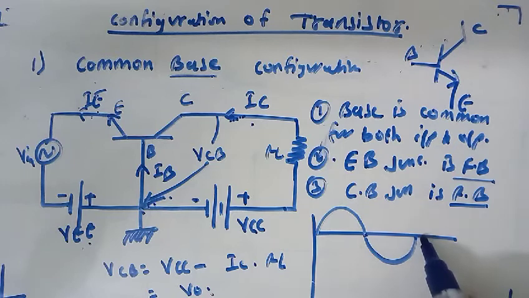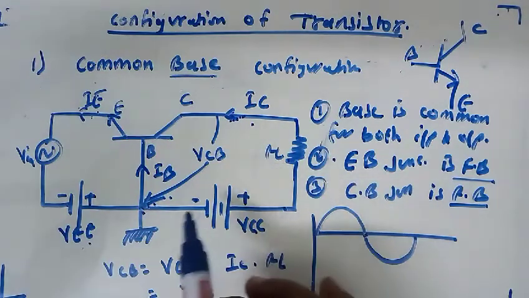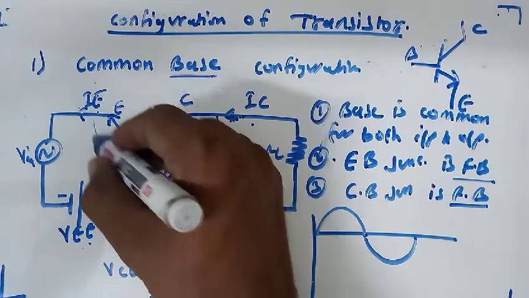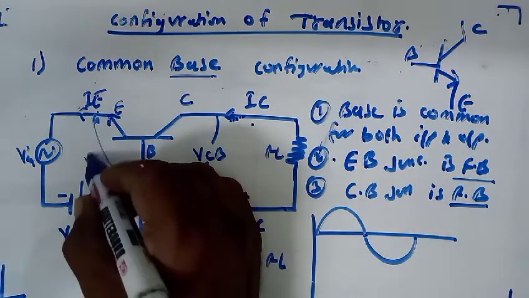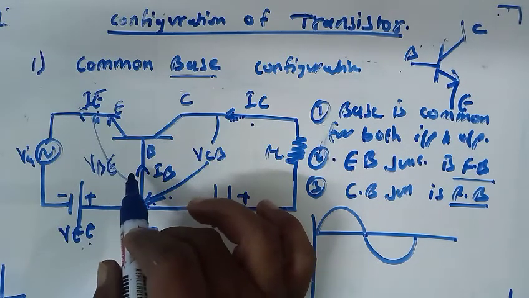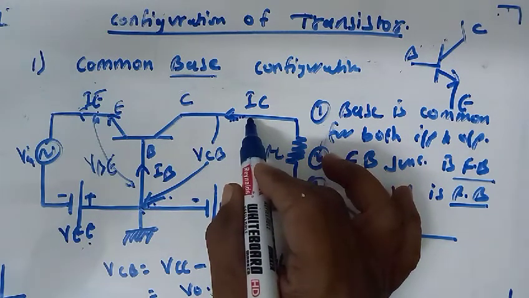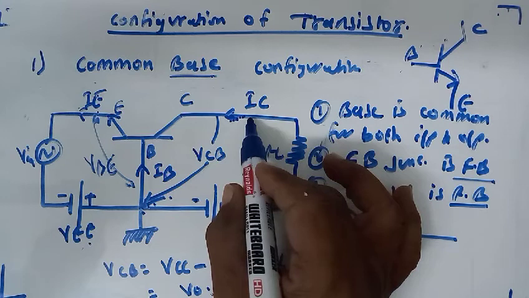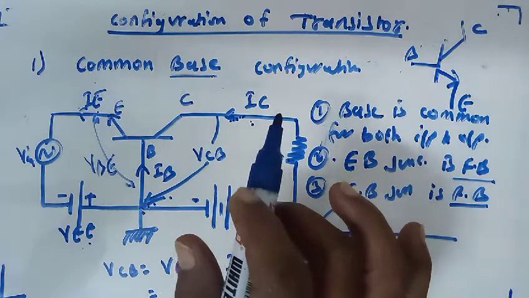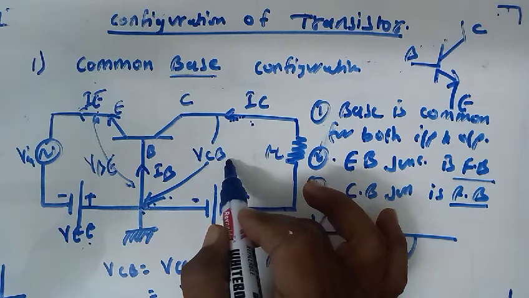But for the negative half cycle, when VI is applied, this base to emitter voltage VBE will increase, and during this the IE and the IC will also increase, and due to that the VCB will decrease.